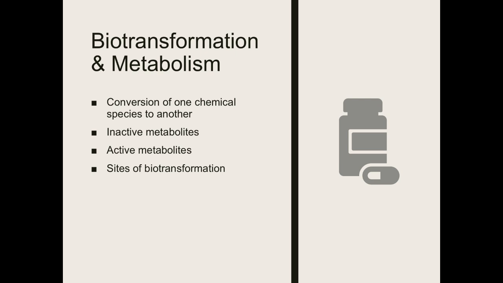So those active metabolites are still active and still doing something. But we're going to have multiple sites of biotransformation, liver, kidneys, and lungs, and even the GI tract are going to be common sites of biotransformation of our medications.